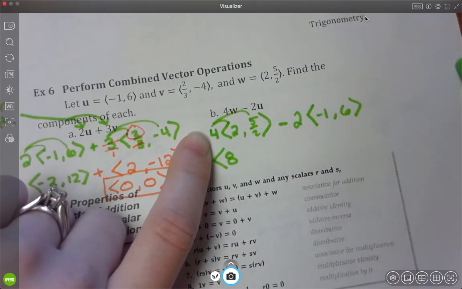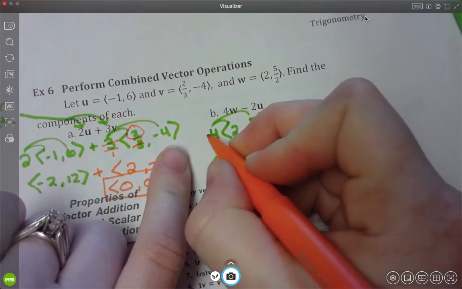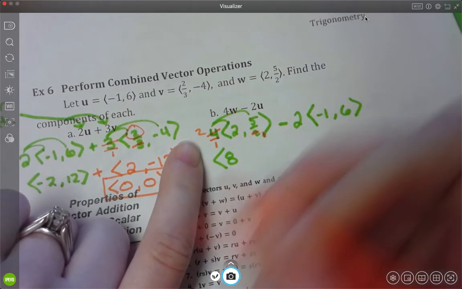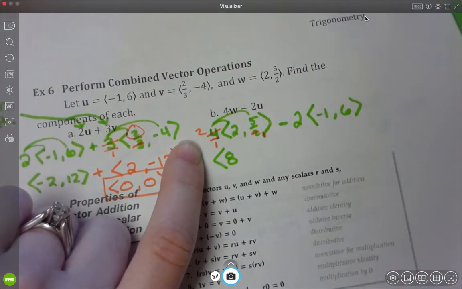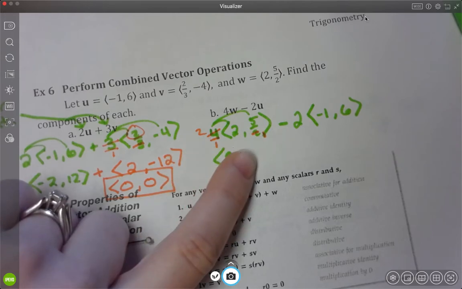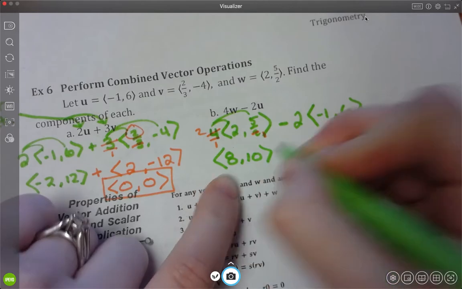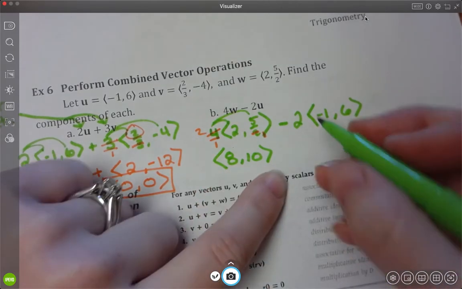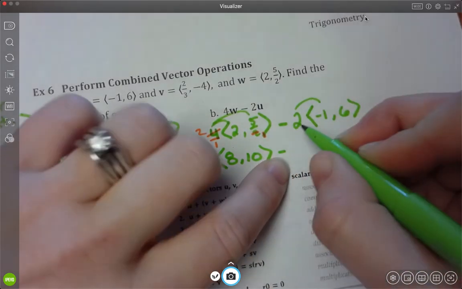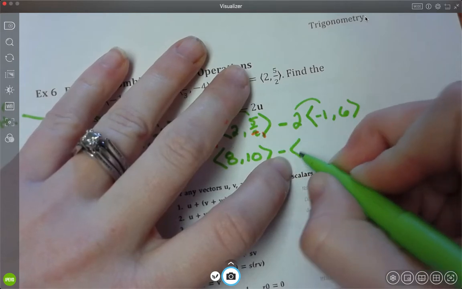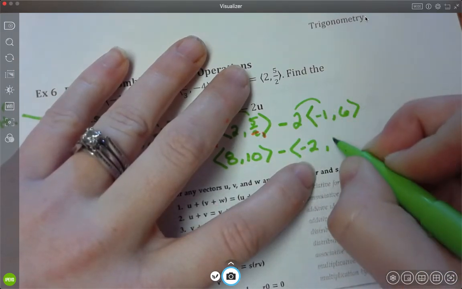If I make this 4 over 1, I can reduce that to 2 and 1. Right? 4 and 2 will become 2 and 1. So 2 times 5 will give me 10 in that case. So 8 comma 10 will be that vector, and then minus 2 times negative 1 is negative 2, and 2 times 6 is 12. Okay.